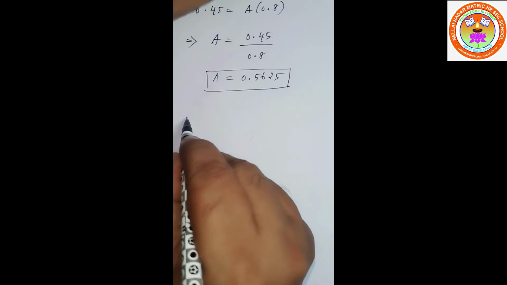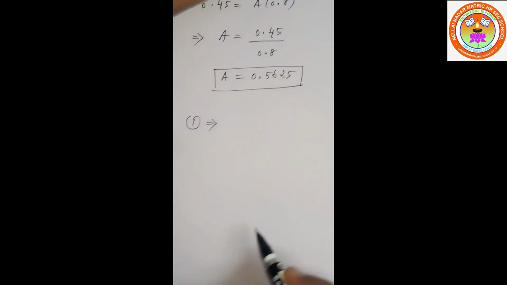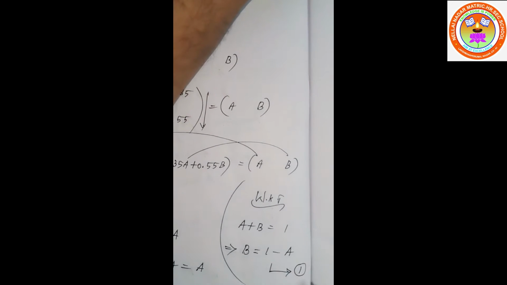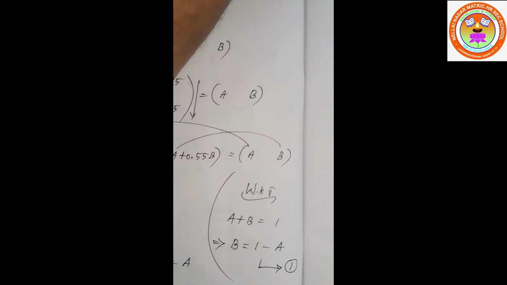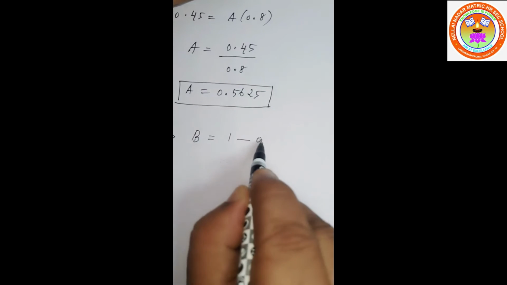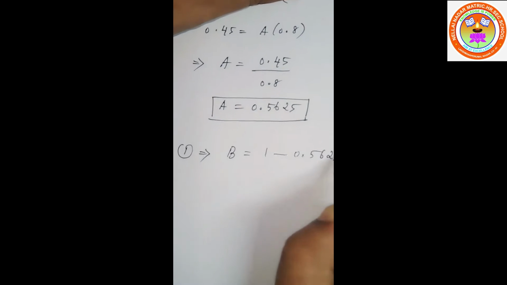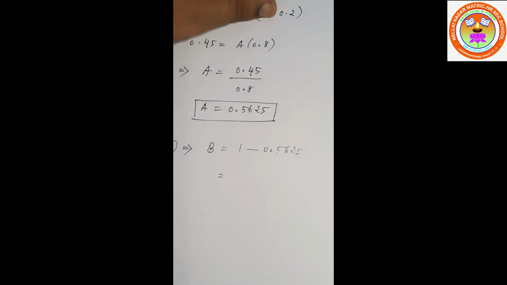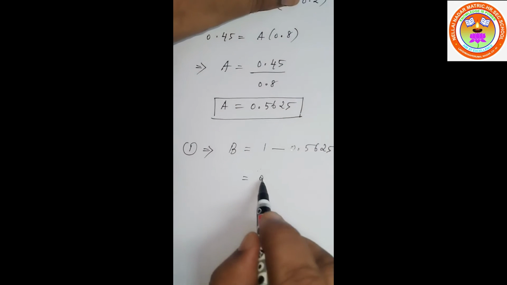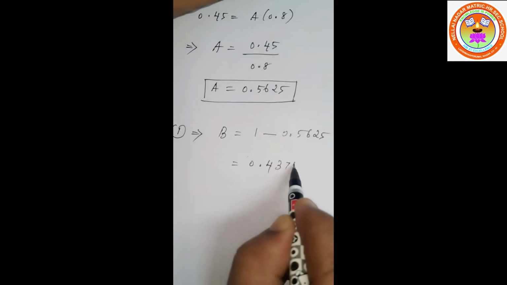Before that, we can find the value of B also. Equation number 1 implies B is equal to 1 minus A. So B is equal to 1 minus 0.5625, that is equal to 0.4375.